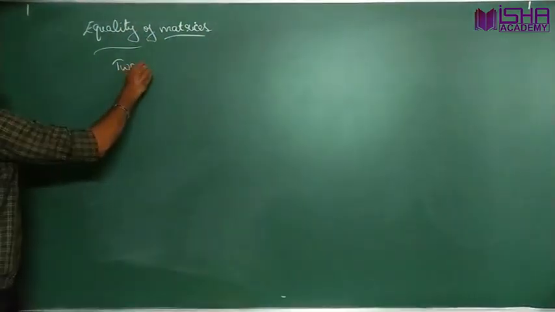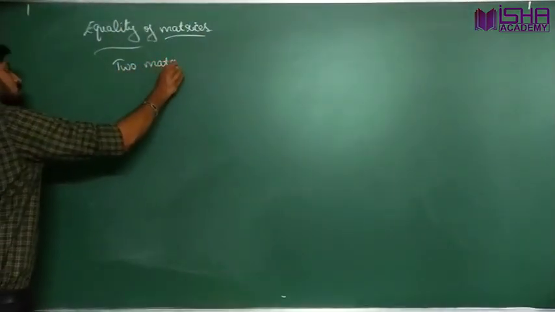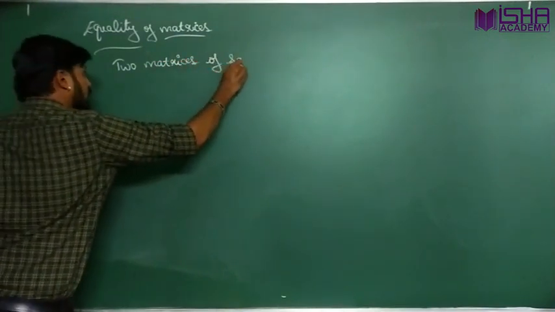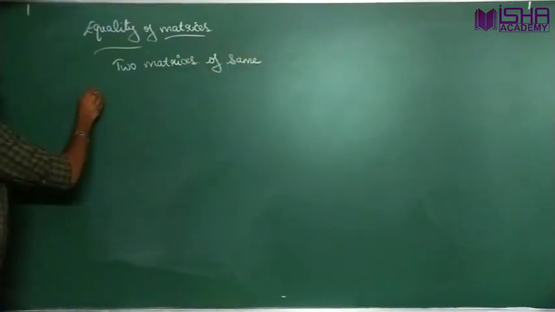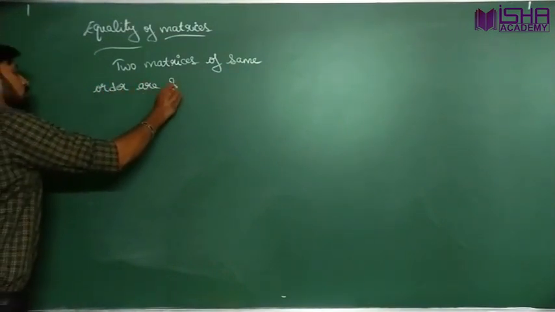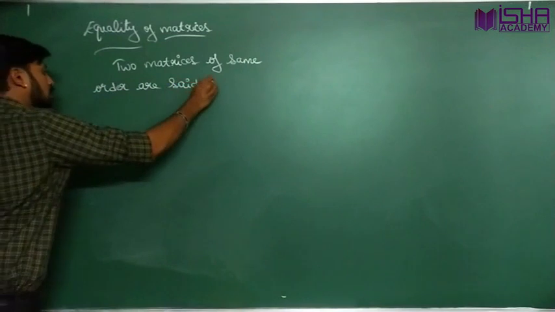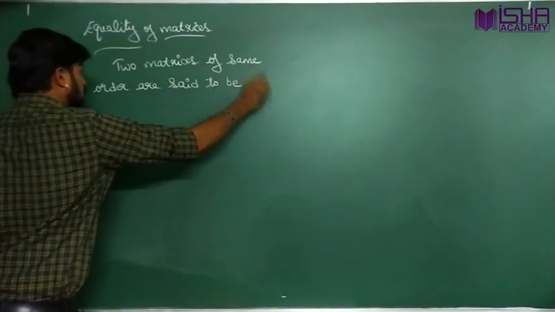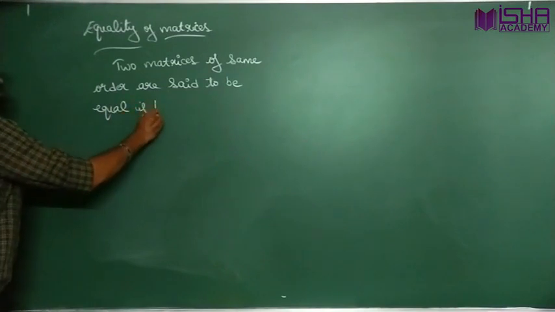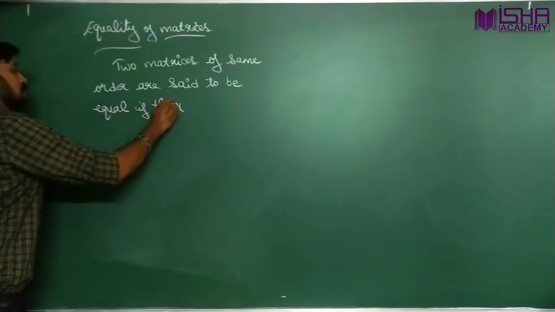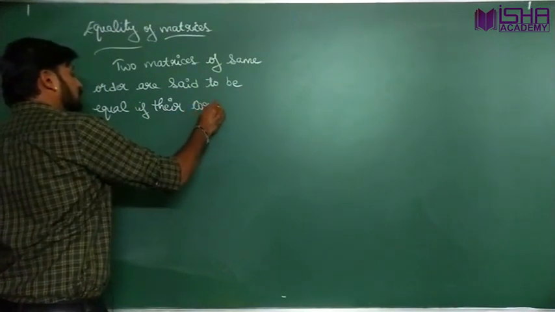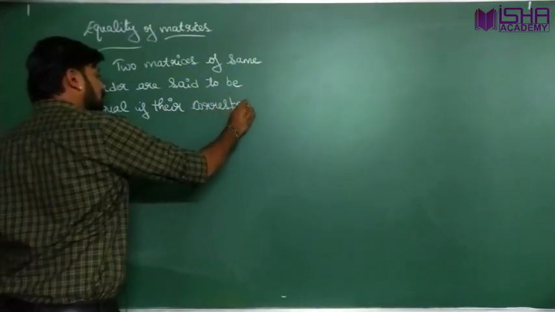Two matrices of the same order are said to be equal if their corresponding elements are equal or same.